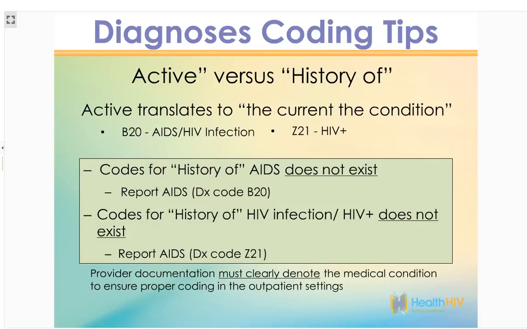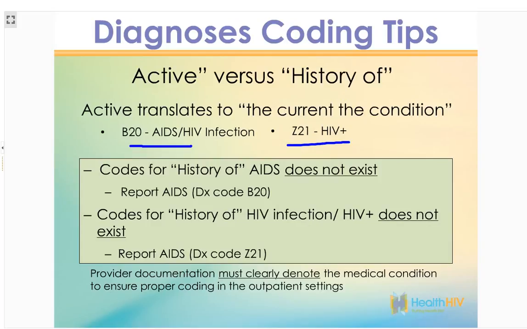Terminology which states active versus history of. Active translates to the current condition. So you would report B20 if the patient is actively being treated for AIDS, or you will report HIV positive code Z21.